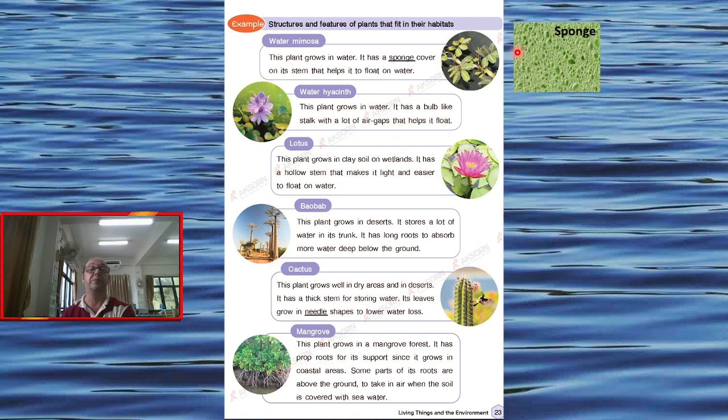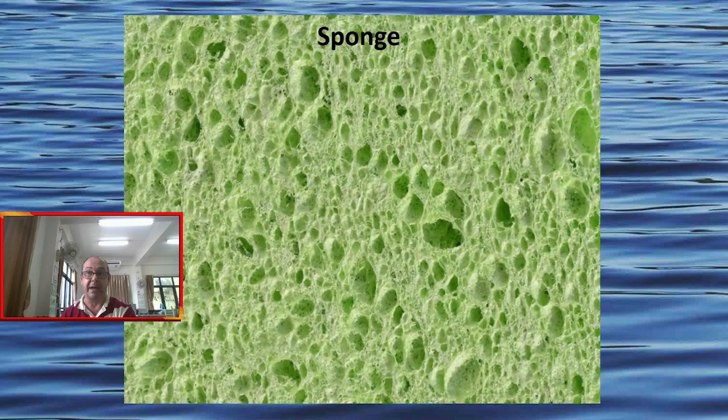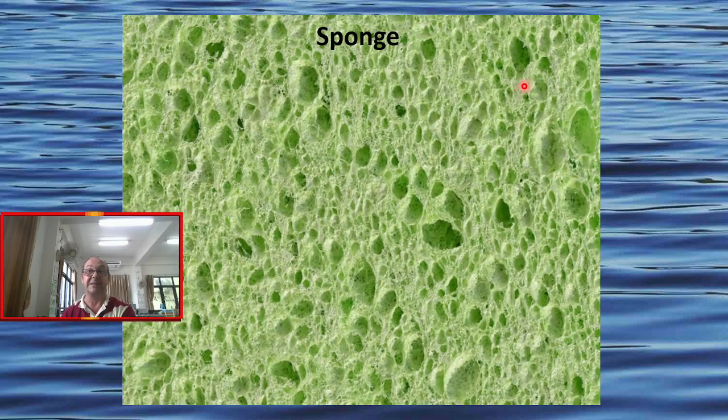You have probably used a sponge when you have a bath or a shower. You don't really have baths much here, it's showers you have. So this is what a sponge looks like close up. You cannot see that properly. How about now? Can you see it better now?